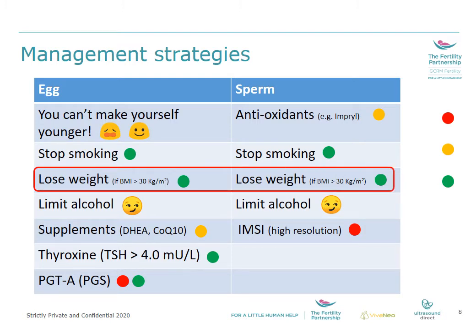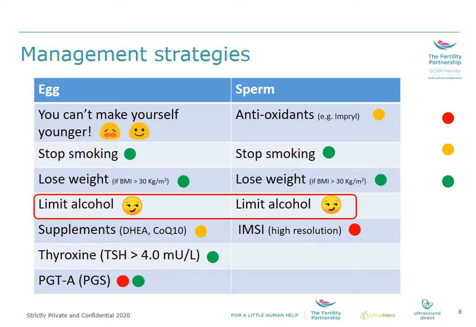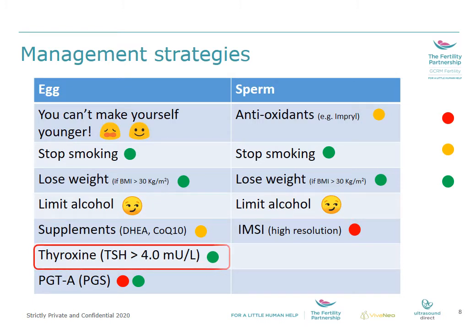And if you're overweight, again, that's both bad for eggs or sperm, so again, losing any weight is beneficial. That's only if you're overweight. There is in fact no evidence that limiting alcohol will improve things, but essentially my motto is everything in moderation.